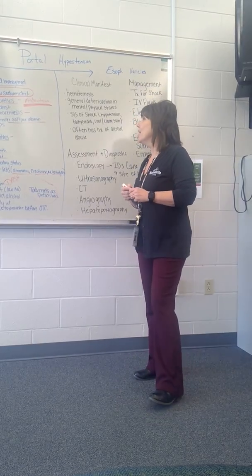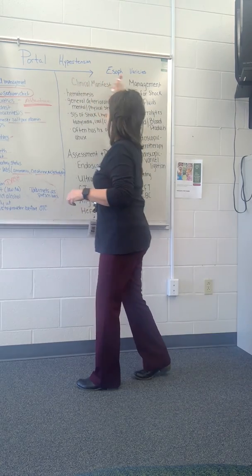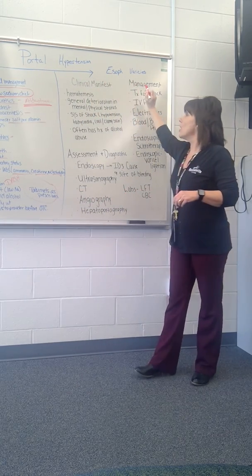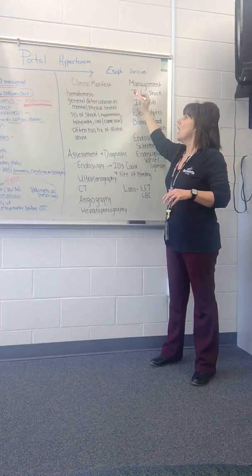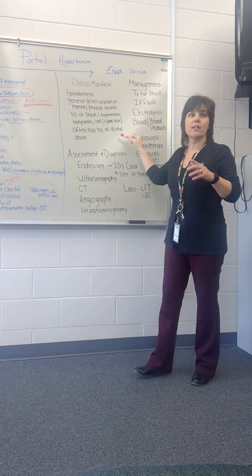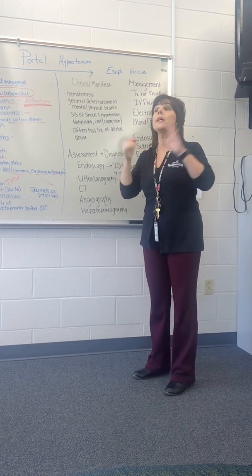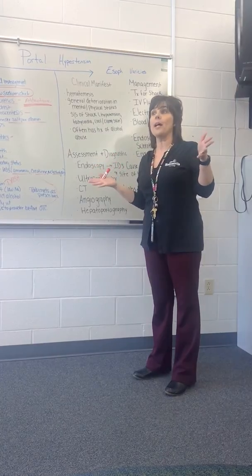So, all right. So portal hypertension. One of the other manifestations are esophageal varices. So what do we see with esophageal varices? What can we see? We cannot visualize those. So how do we know if a patient has it?